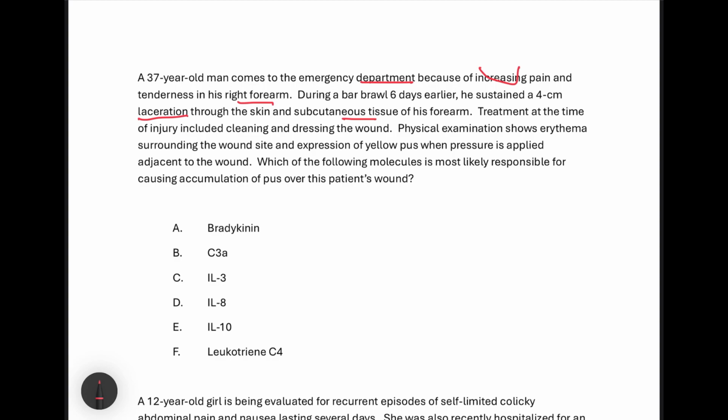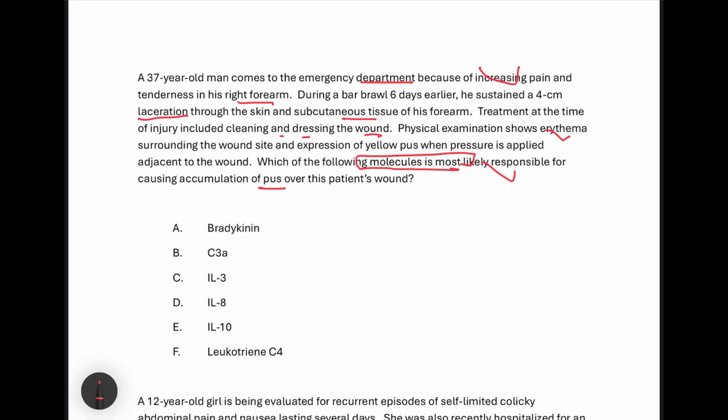The treatment at the time included cleansing and dressing of the wound. The physical examination shows erythema surrounding the wound site and expression of yellow pus when pressure is applied adjacent to the wound. Which of the following molecules is likely responsible for causing accumulation of pus over this patient's wound?